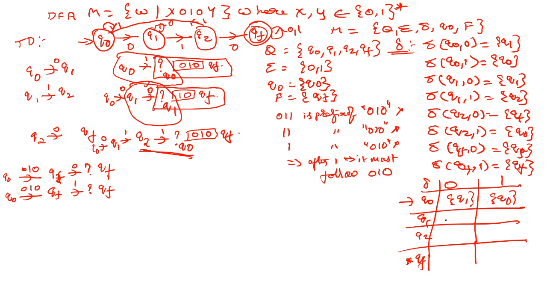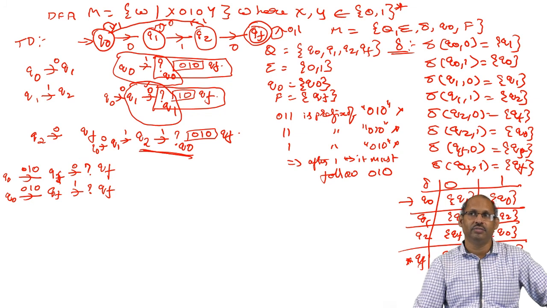Then Q1 on 0 is Q1 only. Q1 on 1 is Q2. Q2 on 0 is QF. But Q2 on 1 is Q0. QF on 0 is QF only. QF on 1 is QF. Right? That is the transition table.